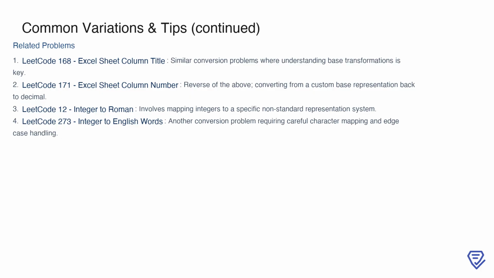Another related problem is LeetCode 12, integer to Roman, which involves mapping integers to a specific non-standard representation system, much like Hexspeak. Finally, LeetCode 273, integer to English words, challenges you to convert numbers into a completely different format, requiring careful character mapping and handling of edge cases. These problems share underlying themes with Hexspeak, so mastering one can provide insights into solving the others.